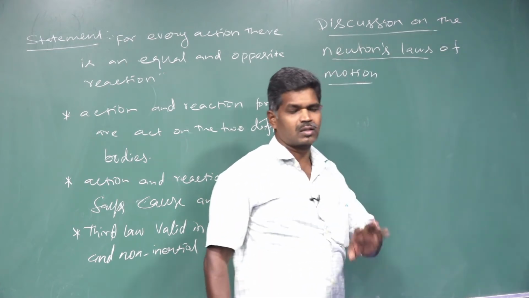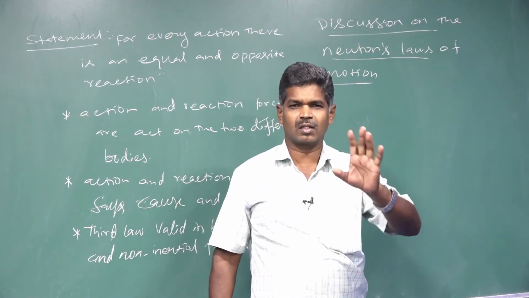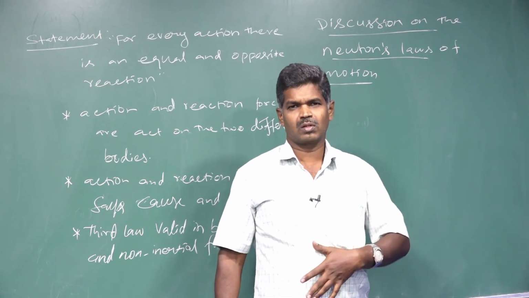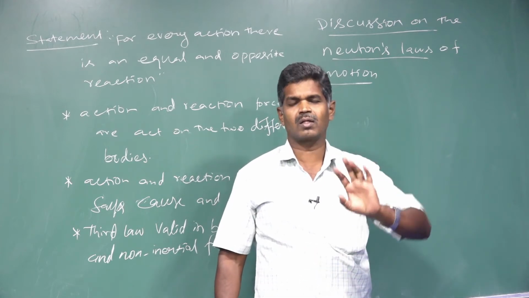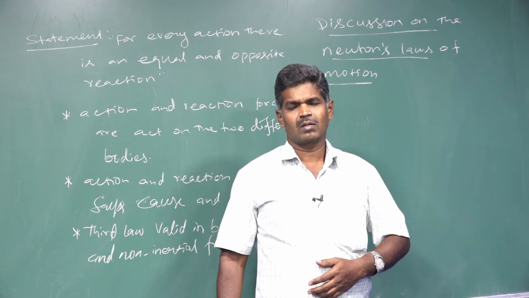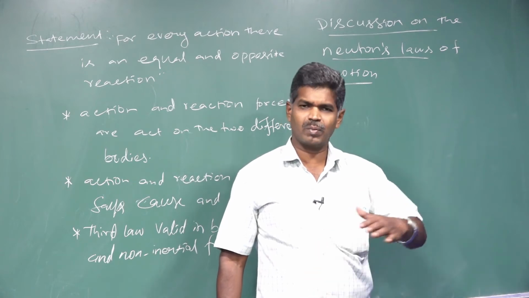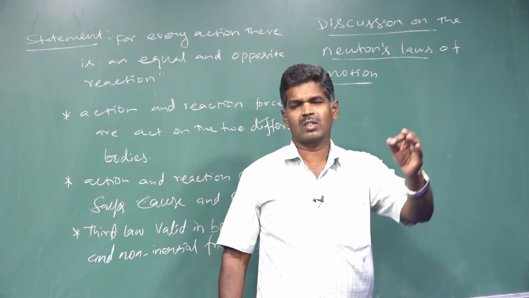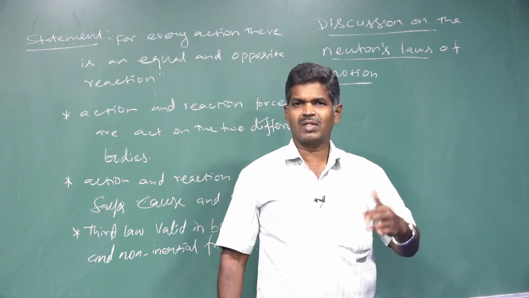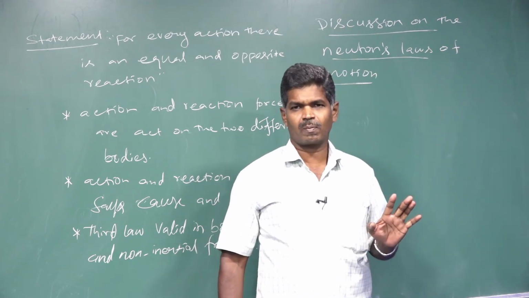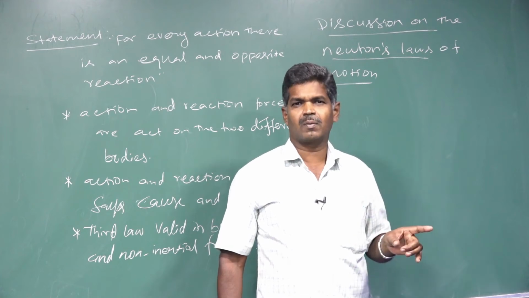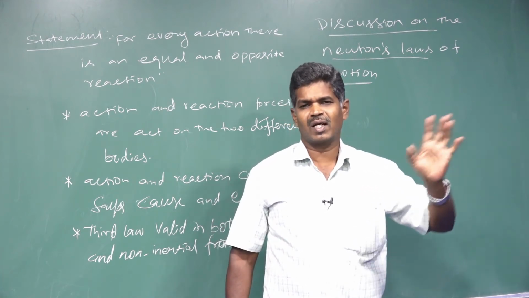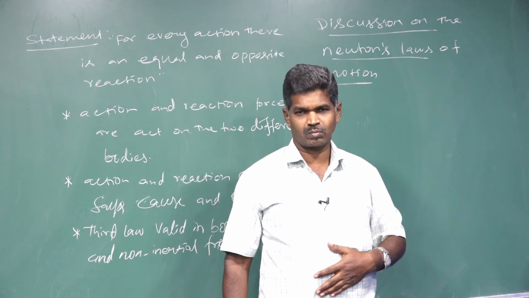We have three laws: first law, second law, third law. Without a net force, an object at rest stays at rest, and an object in uniform velocity motion keeps moving in uniform velocity, unless a force acts on it. If the net force is zero, a rest object rests itself, and a uniform velocity object keeps moving in the same direction.